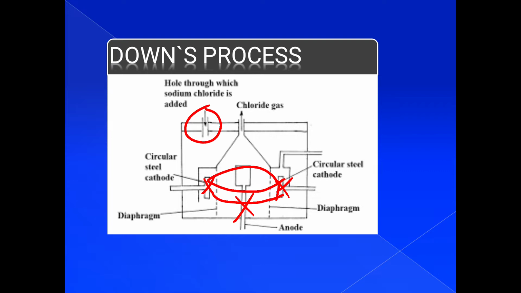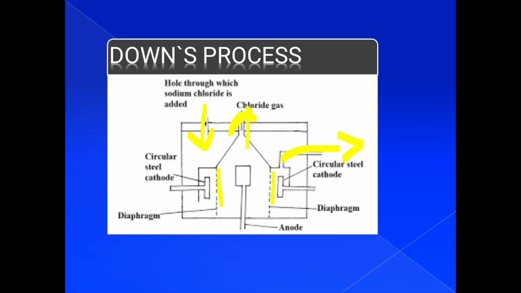Then you also have a diaphragm. The diaphragm is what is dotted here. Whatever is dotted here is what we call the diaphragm. And then we have an inlet and two outlets.